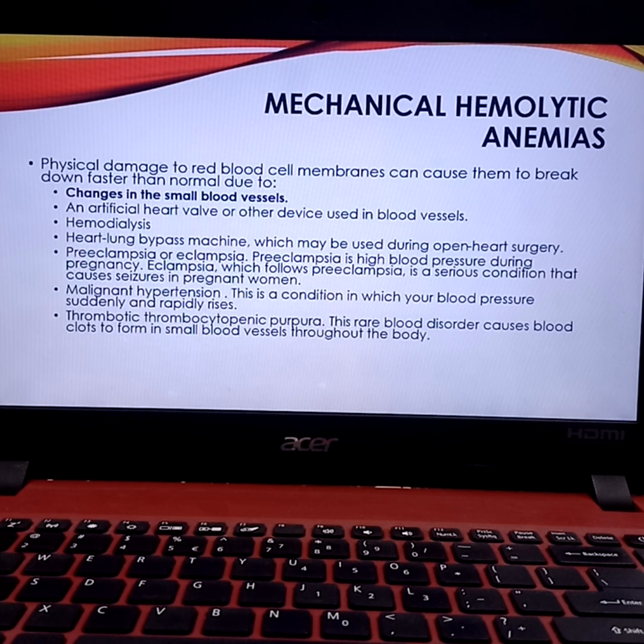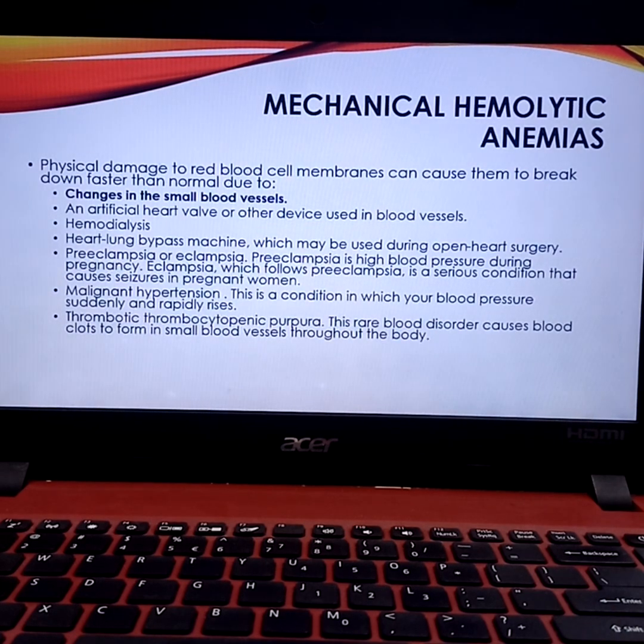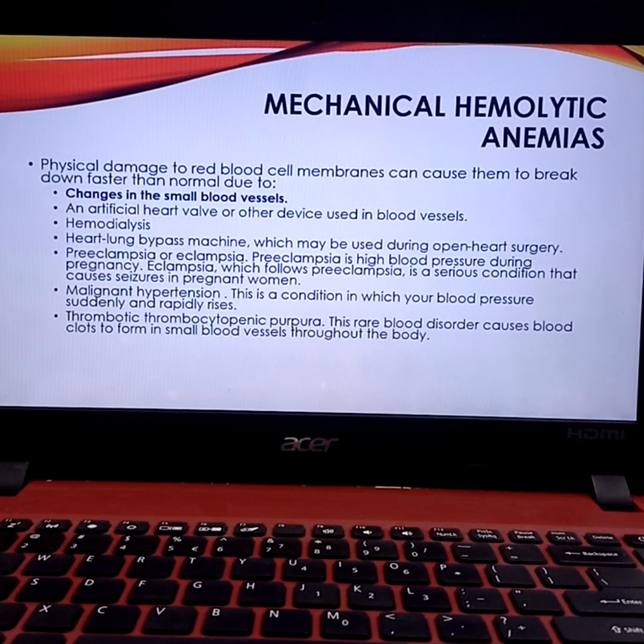If there is thrombocytopenia, your thrombocytes decrease in number, below 150,000 per cubic millimeter. So if your thrombocytes or platelets go down below 150,000, the patient will have problems with clotting. Hence, the problem will be more on bleeding tendencies.